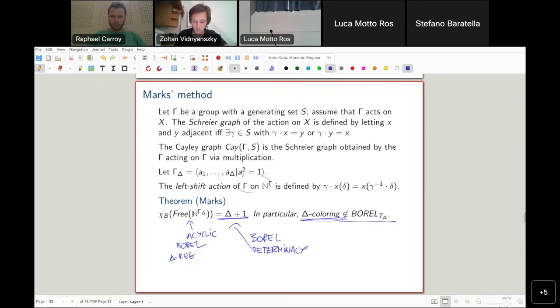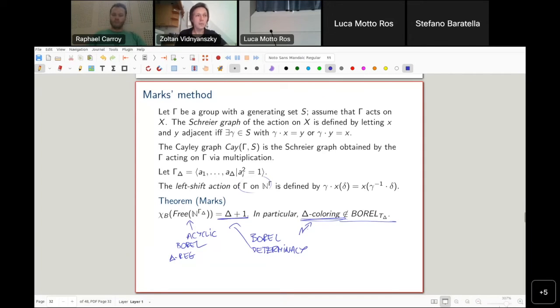I won't be able to go into details. I just want to say, at a very high level, the very basic step of the whole proof. How do you use the Borel determinacy theorem? You work towards a contradiction. Assume that there is a delta coloring, and you define some games.